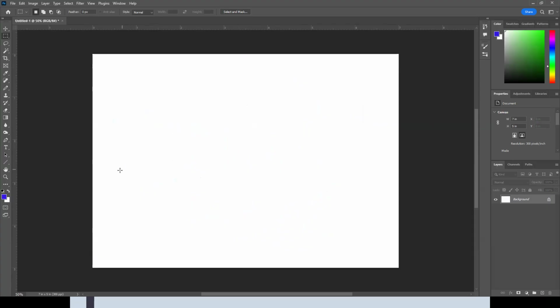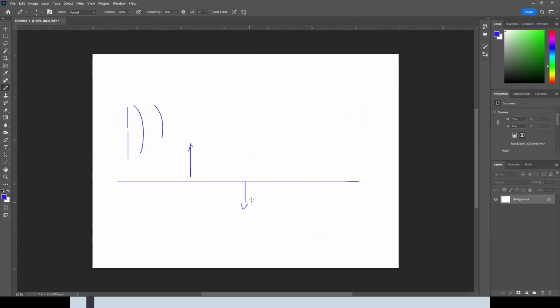Here's the Earth. Let's say the Earth is flat. Here's the antenna transmitting the E field. Within the Earth the E fields are going to travel along.